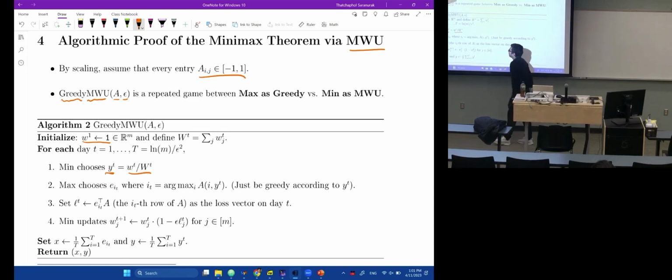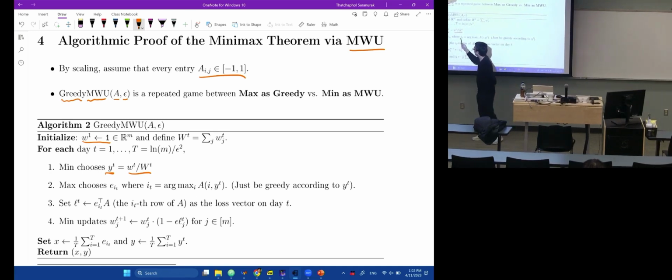And if the min guy announces the strategy, we know that the max player can just respond to that. Just be greedy. Just choose the best row, given that you know that the min player plays y_t, that maximizes this thing, right?